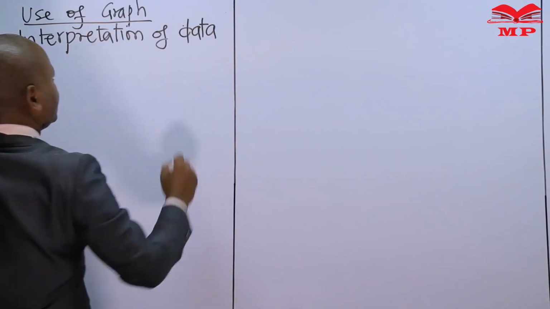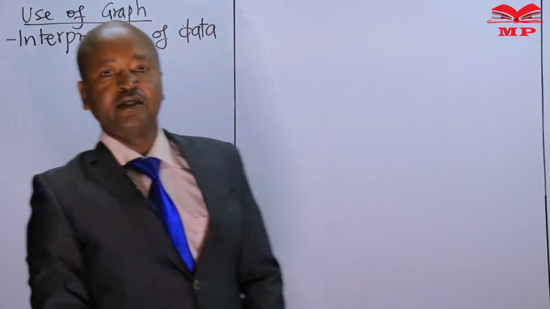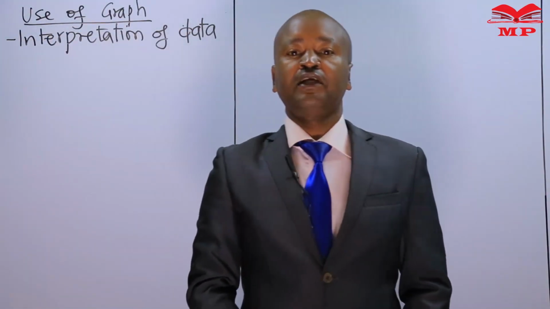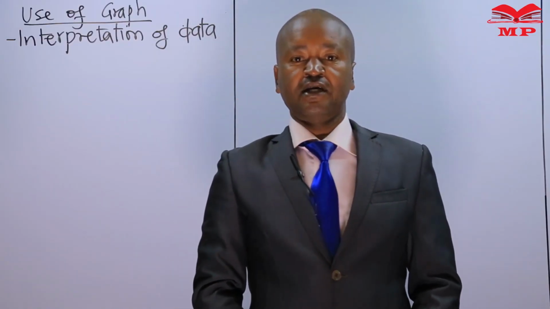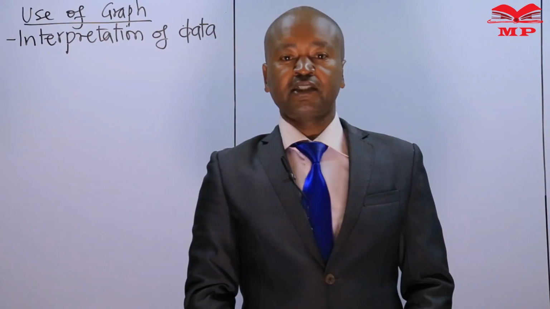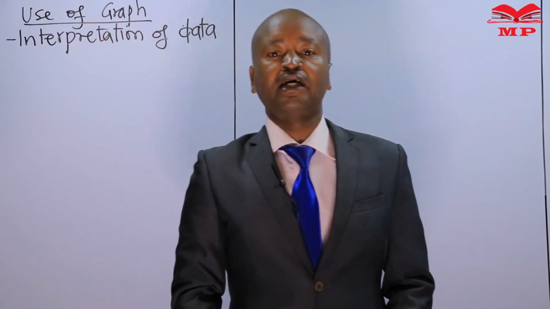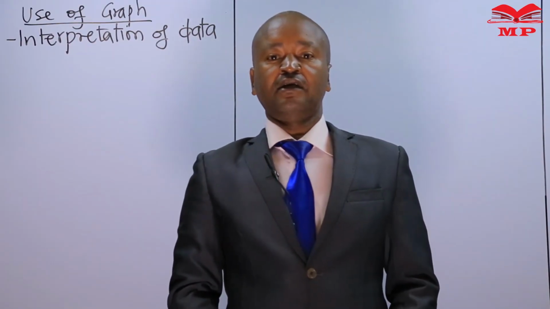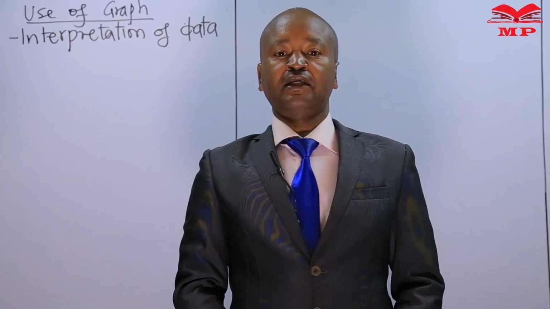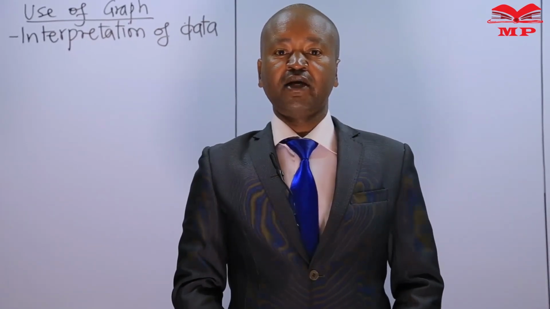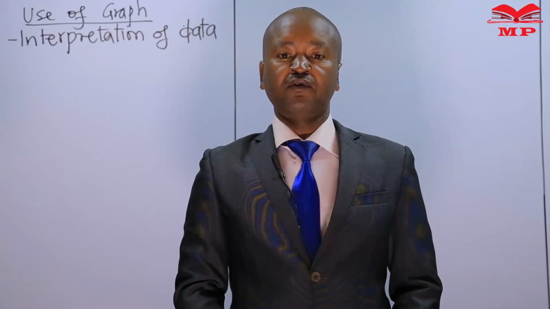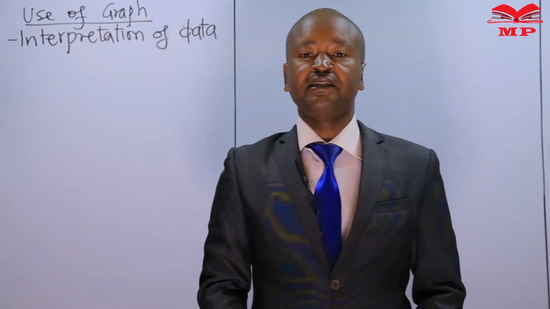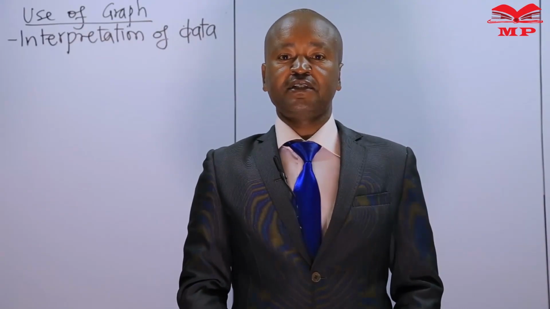And data is a collection of information in form of results which are gathered through experimentation, and they are normally recorded. And after recording, the next stage is normally what we call analysis of the data. And one way of analyzing data is by use of graphs.